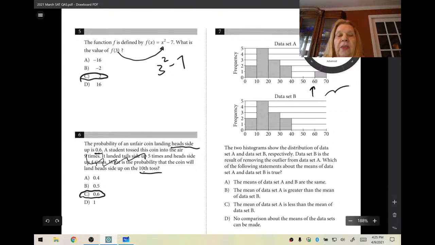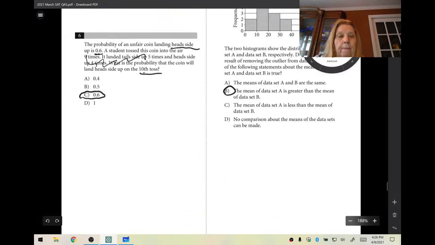We know that this average has to be higher than this average because it contains one number between 60 and 70. So the answer for this one will then be B. We don't have to calculate all the means, obviously. It doesn't pay to do that because we want to keep moving.